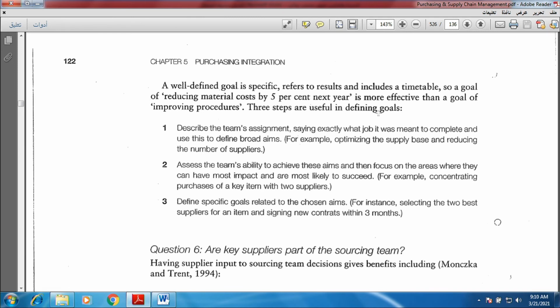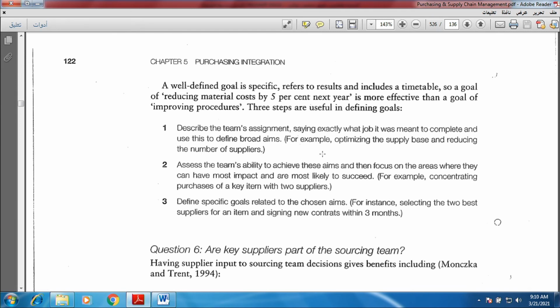When we want to define our goals, we have a process of simple steps. First of all, the teams describe and discuss the assignment that they are facing, to know exactly what the tasks and jobs to be completed are, and what the main objectives and guidelines for the board of directors are.